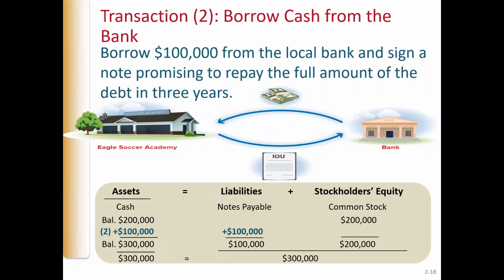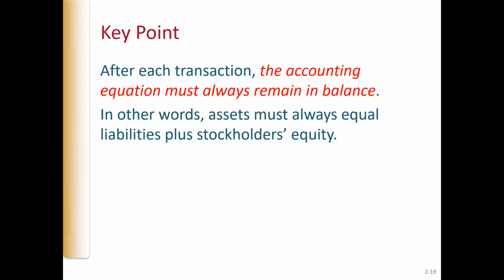After these two transactions, our assets are 300,000 and our liabilities plus our stockholders' equity are also 300,000. After each transaction, the accounting equation must always remain in balance. In other words, assets must always equal liabilities plus stockholders' equity.